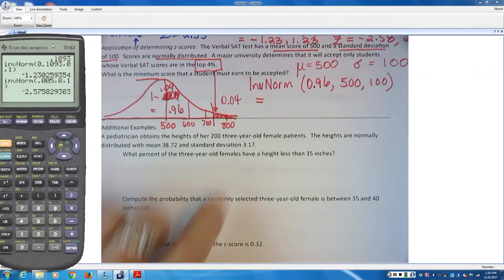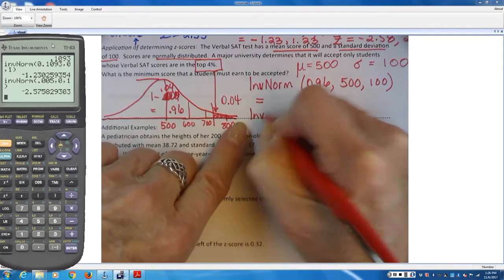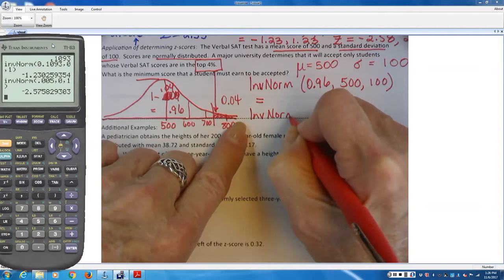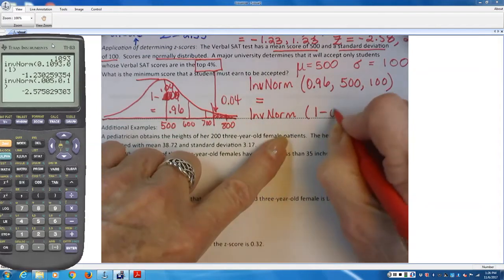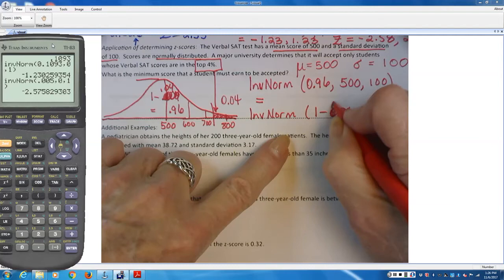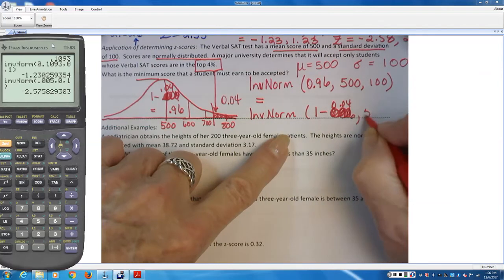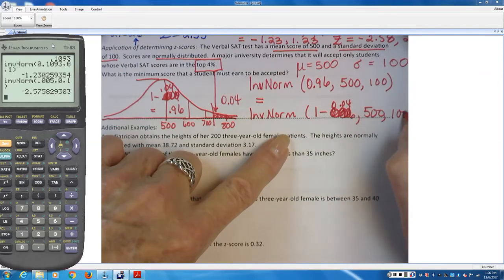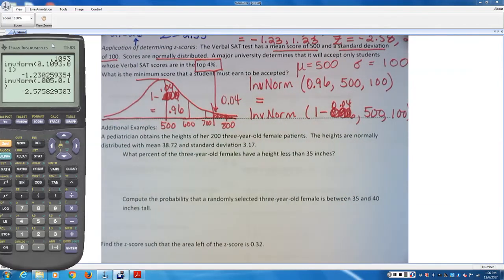And the other way you can do it is INVNORM and say 1 minus 0.96, or not 0.96, 0.04, 500, 100. And the calculator will actually do the arithmetic for you.